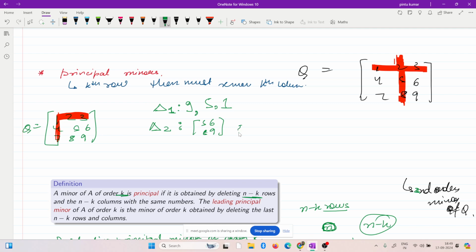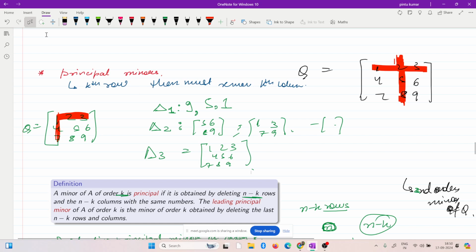The second one that you will get is you remove the second row and second column. So you will get something like 1, 3, 7, 9. And similarly, you can define one more over here. And the third order would be the complete matrix Q: 1, 2, 3, 4, 5, 6, 7, 8, 9. This is how you define your minors.